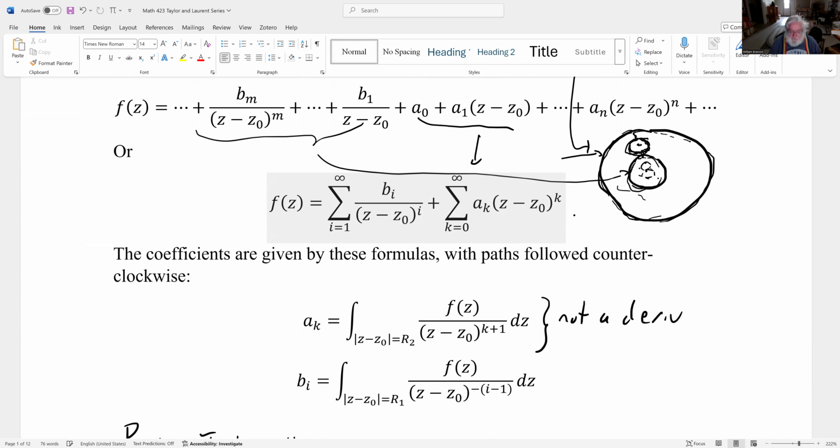That's not Cauchy's integral formula because we don't know that the function is analytic everywhere inside of that, right? It might not be analytic inside of here. So that's Taylor series and Laurent series. We'll pick up with that on Tuesday.